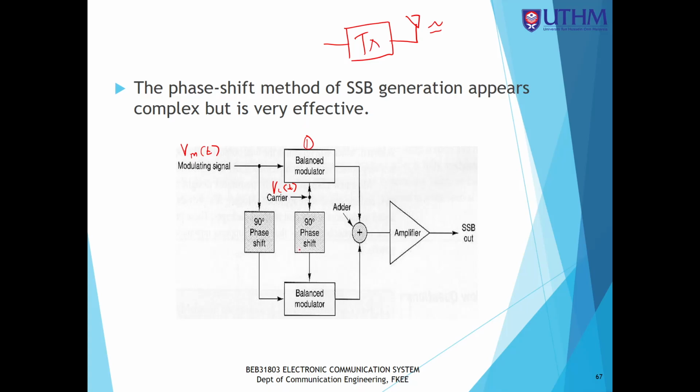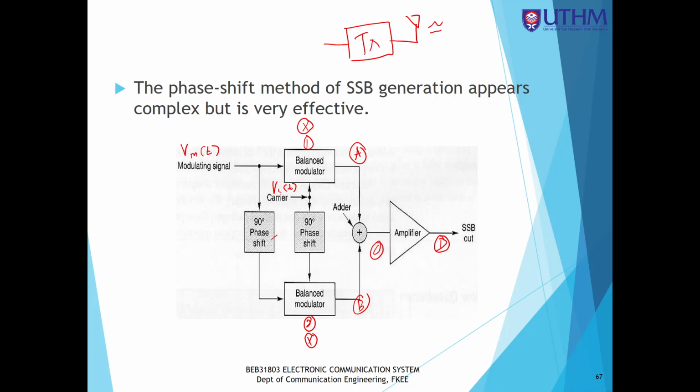So we have balance modulator 1 and balance modulator 2, and remember that a balance modulator will do the process of multiplication in the time domain. You need to know the equations at point A, point B, point C, and point D, as I already explained last week. The phase shifter will change the input message or the carrier.